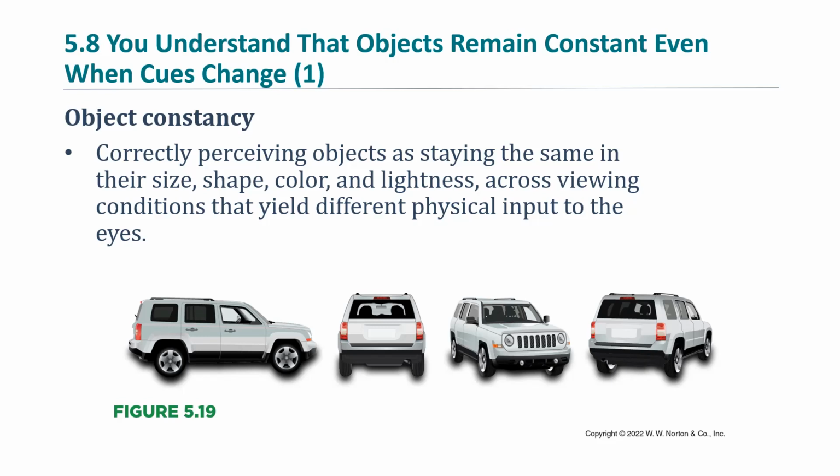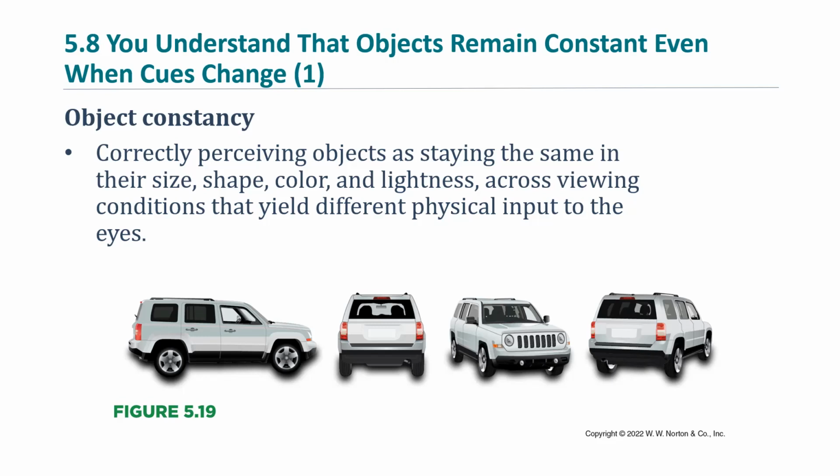If you're watching somebody move through different conditions, or you're watching a car drive through different lighting conditions, obviously the color of the car is not changing. This is what object constancy is all about. Just because the sensation is constantly shifting for size or color or lightness or shape, you know that the objects aren't actually changing.